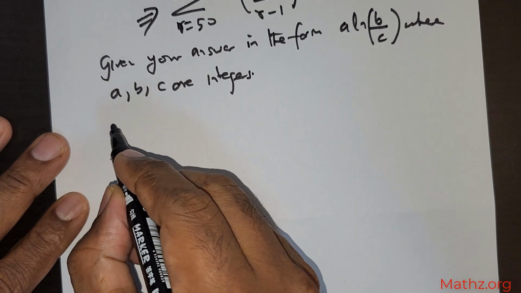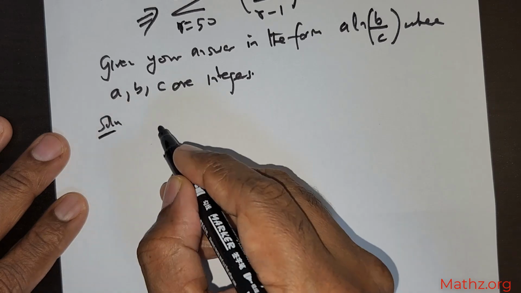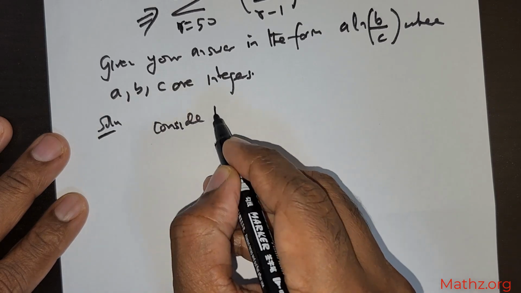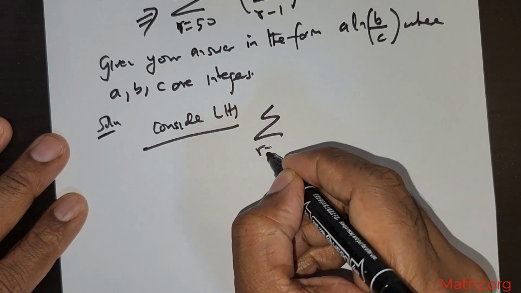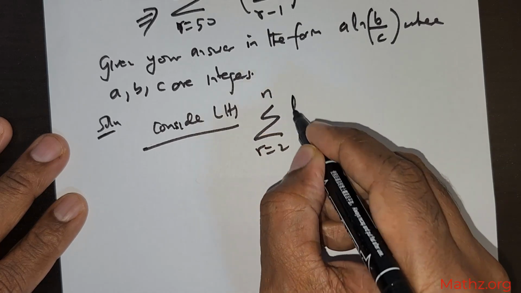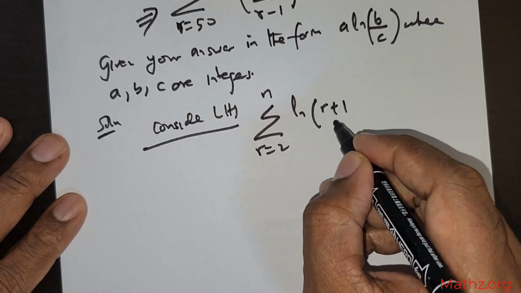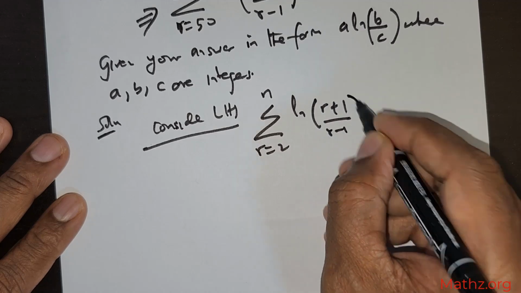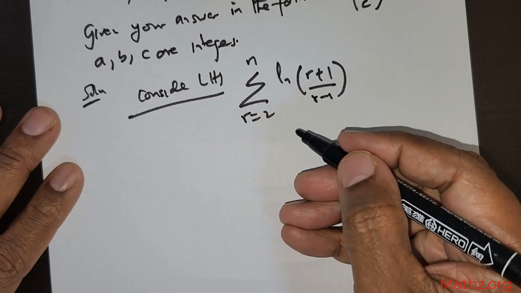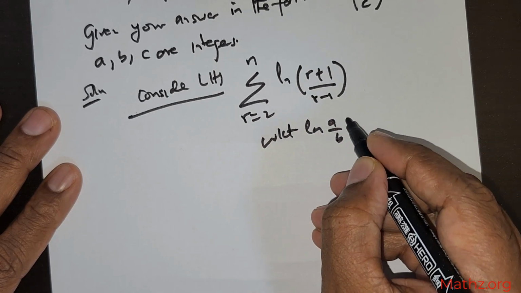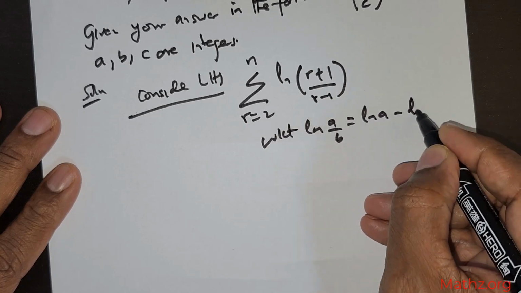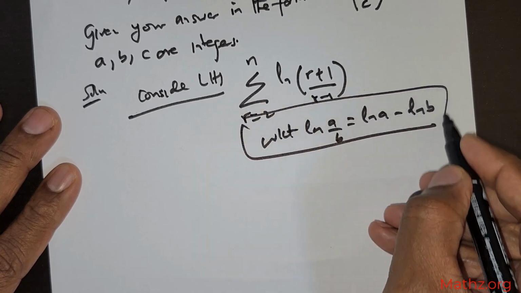So foremost, consider the left hand side. So what is on the left hand side? Sigma r is equal to 2 to n ln of (r positive 1) divided by (r negative 1). Now we know that ln of a over b is equal to ln a negative ln b.